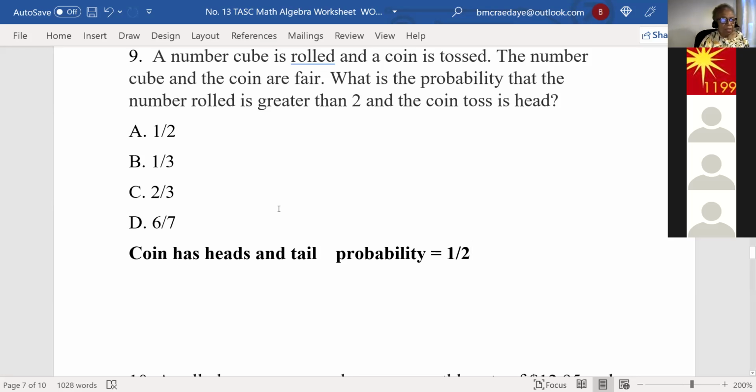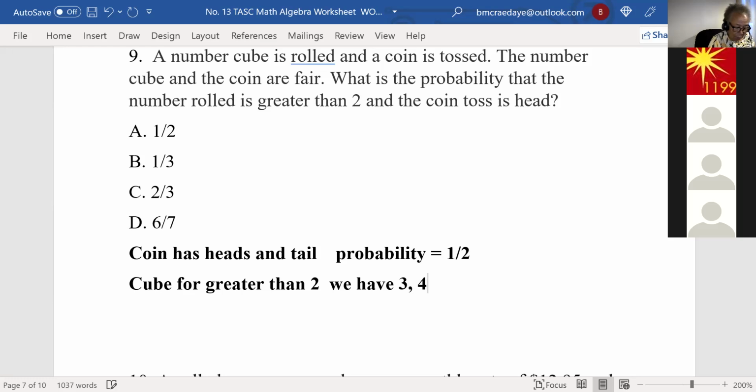So for the cube, for greater than 2, we have 3, 4, 5, 6. So for greater than 2, we have 3, 4, 5, and 6, which is 4 possible.